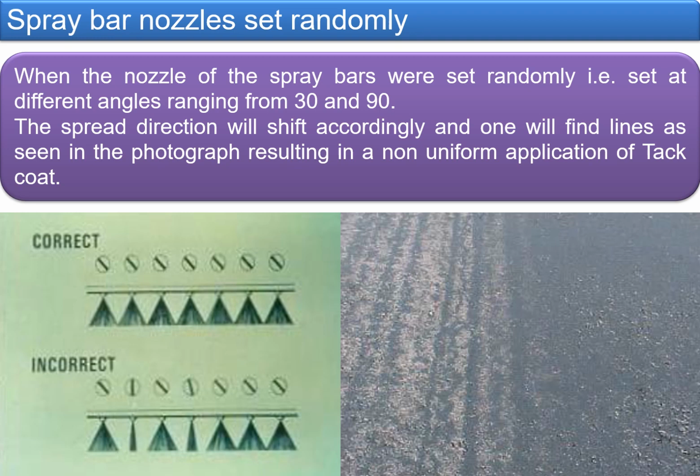If one nozzle is at 60, the second is at 90, then the next at 60, that means you have shifted the coverage area, and the result will be that some areas are sprayed with the primer and some areas are not covered at all. You will have lines as shown in the photograph on the right hand side.